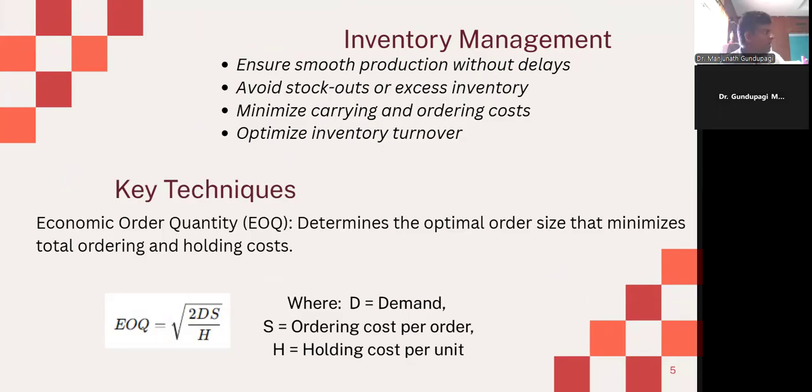Inventory management. Inventory includes raw materials, work in progress, and finished goods that are held to support production and sales. Efficient inventory management ensures that there is enough inventory to meet customer demand while minimizing holding costs.